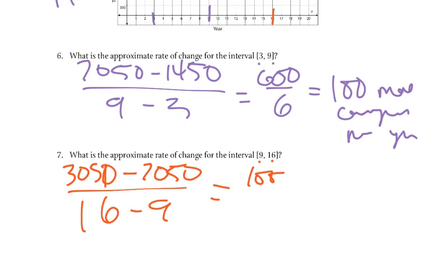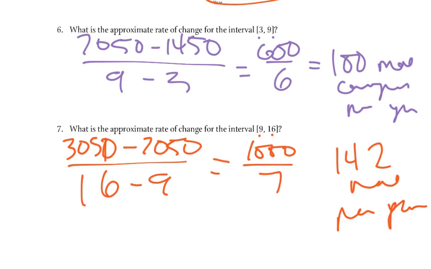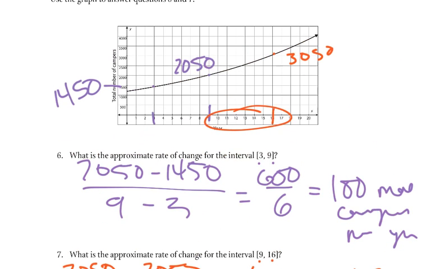That would be 1,000 on top. 16 minus 9 gives us 7. 1,000 divided by 7 gives us about 142.85, so 142 per year. More campers per year, as opposed to 100, because it's that curve, so it's not constant like the linear was.